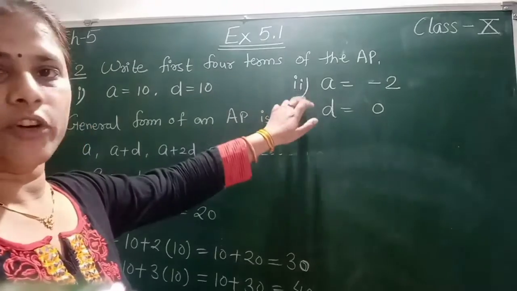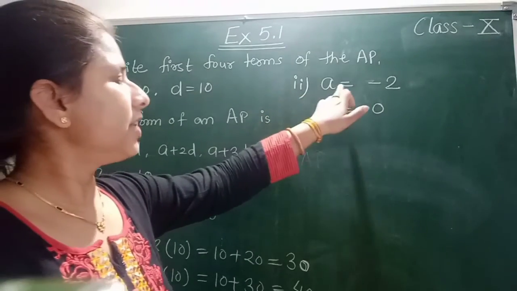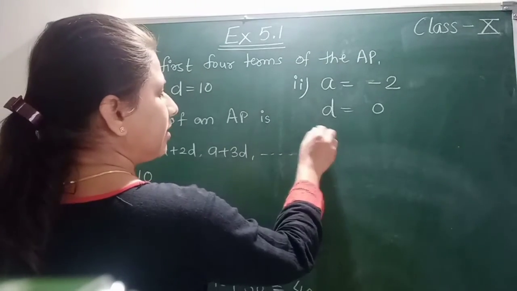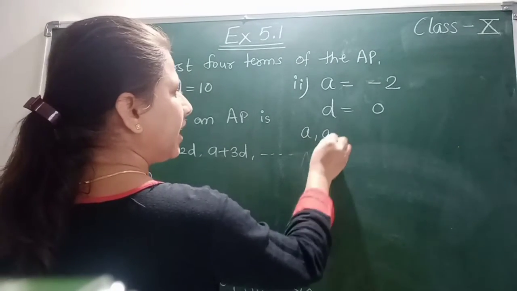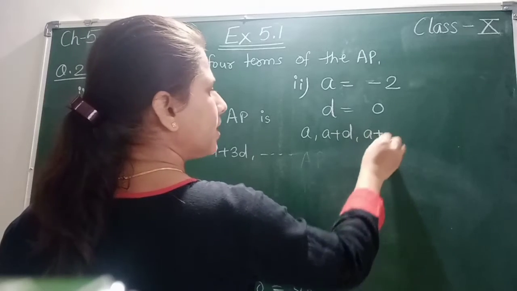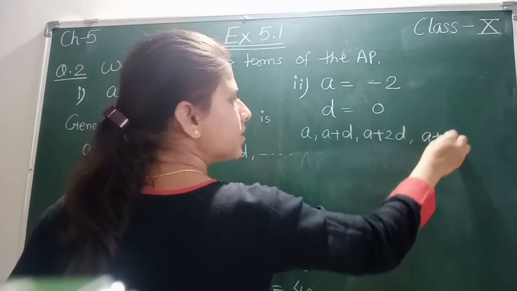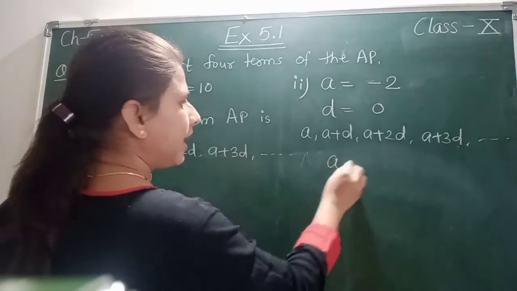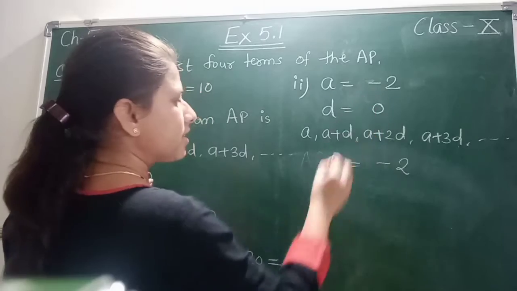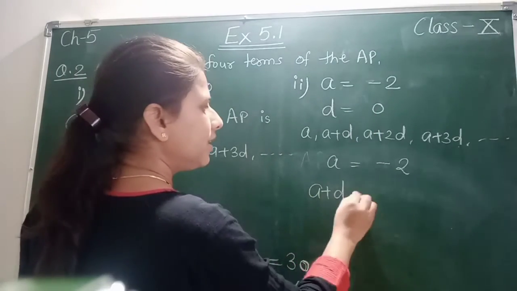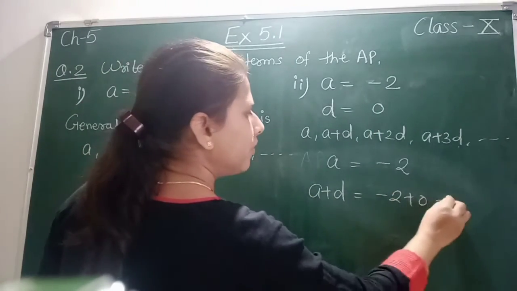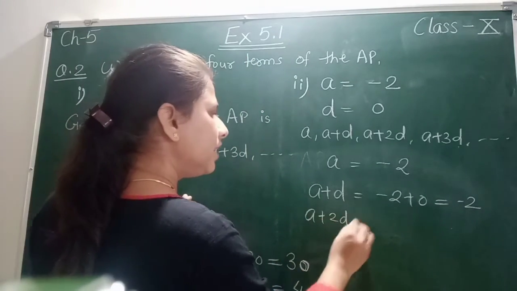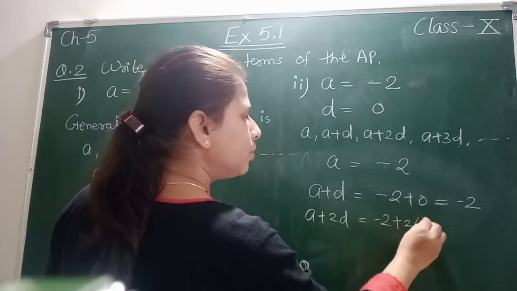Now we will solve the second one also. Here a, which means the first term, is minus 2 and the common difference d is 0. Again we will write the general form: a, a plus d, a plus 2d, a plus 3d, and so on. Now we will substitute the values. a is minus 2, and a plus d equals minus 2 plus 0, we will get the same value, minus 2. a plus 2d equals minus 2 plus 2 into 0.